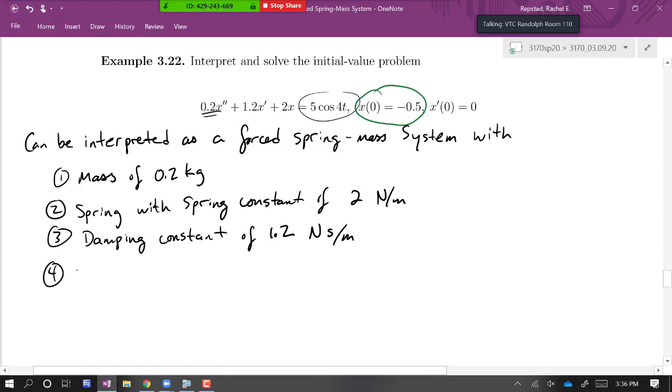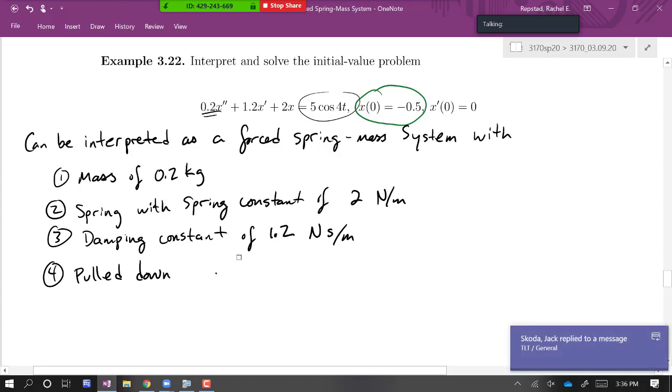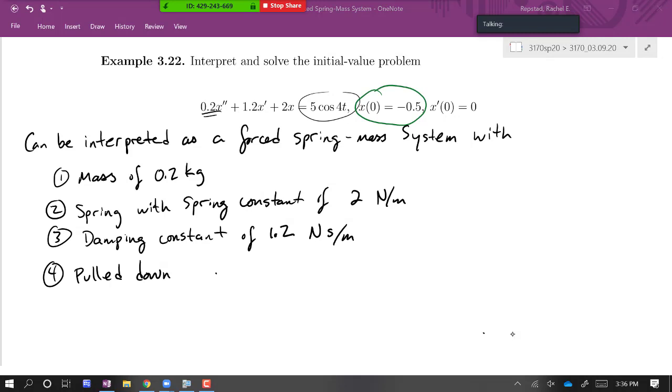And so we have an initial position, and then the next question is, was it just let go, or was it pushed? Was it given some initial velocity, or did they just let it go?